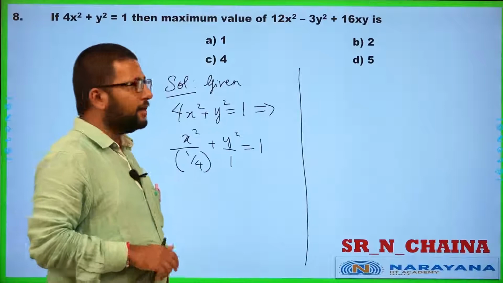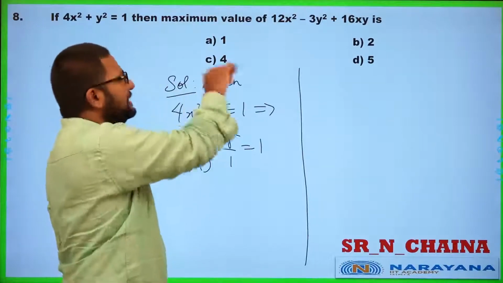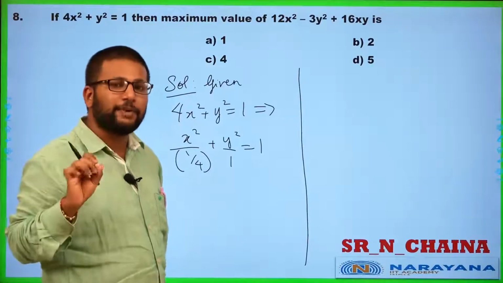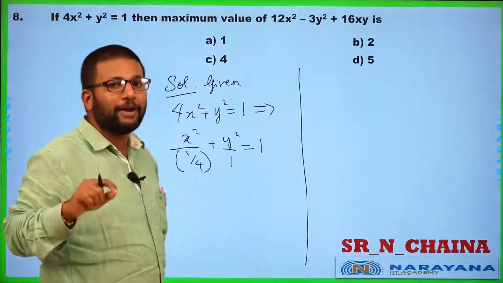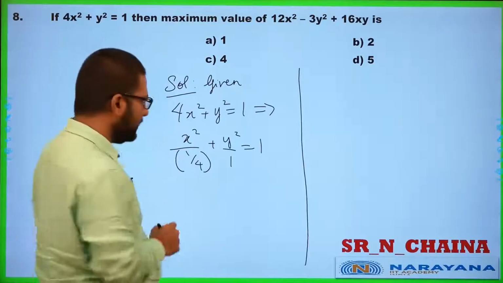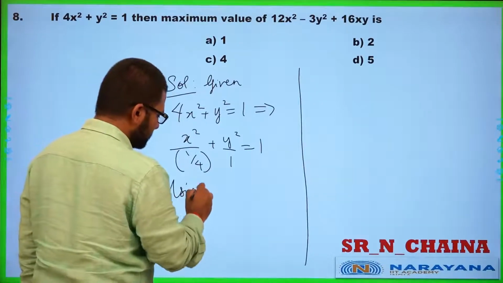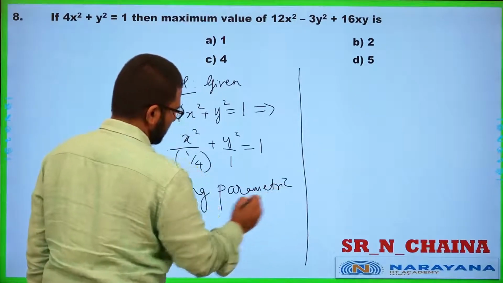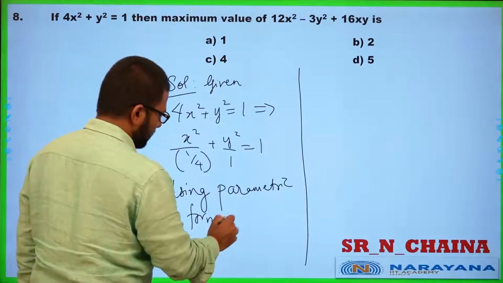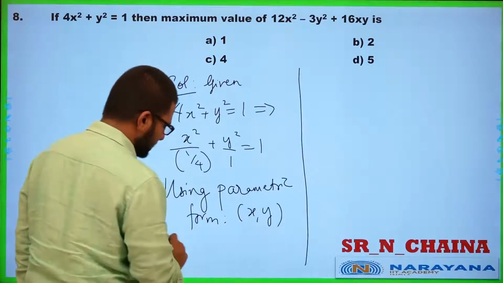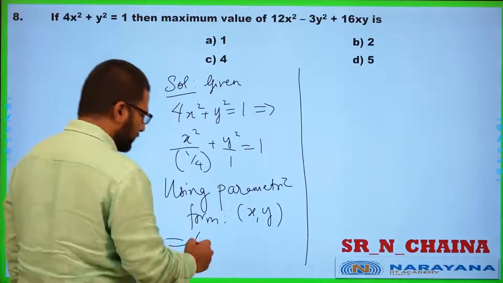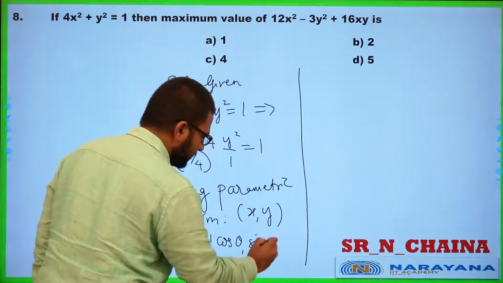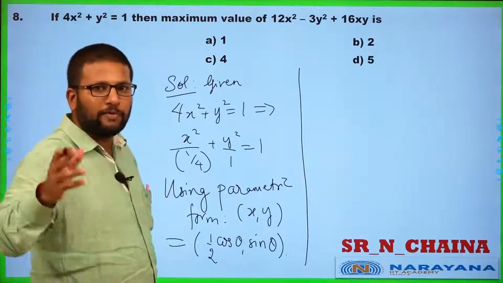Now you see, the question doesn't have anything to do with an ellipse, but because it lies on a standard ellipse, every point can be written in terms of a parameter. So using parametric form, x comma y is 1 by 2 cos theta comma sin theta.